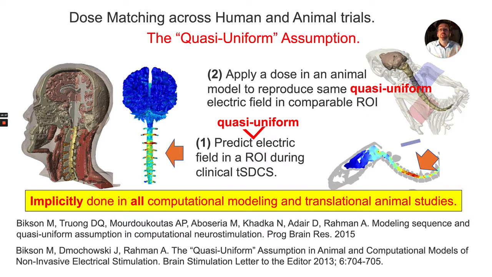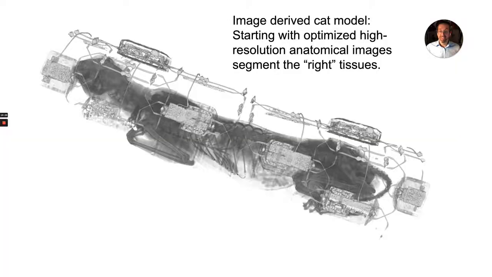It's actually done in the computational models themselves. When people are running computational models and reporting an electric field here and an electric field there, just the fact that they're assigning an electric field to a region means they're saying there is a single value of electric field that we can read from these regions. So when you're seeing a prediction of current density or electric field across an animal or person, there's a quasi-uniform assumption caked into it.